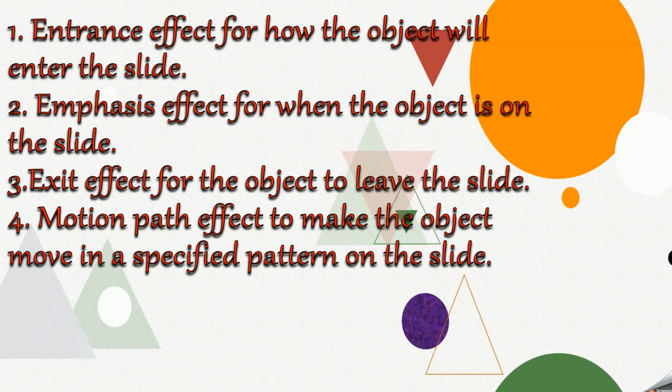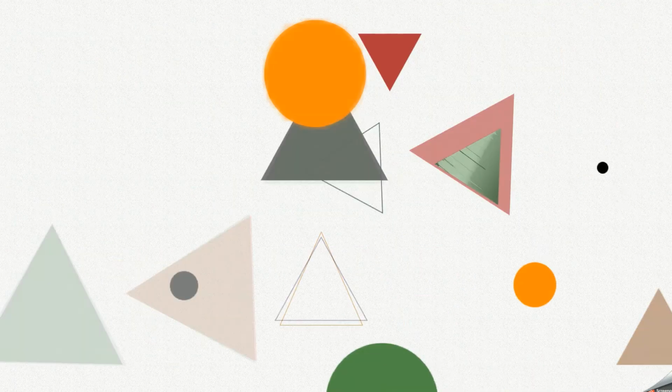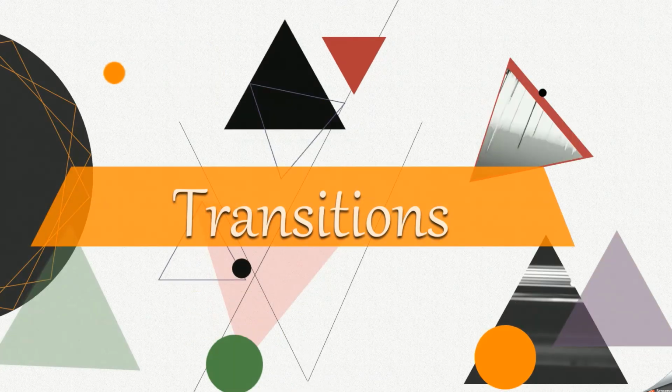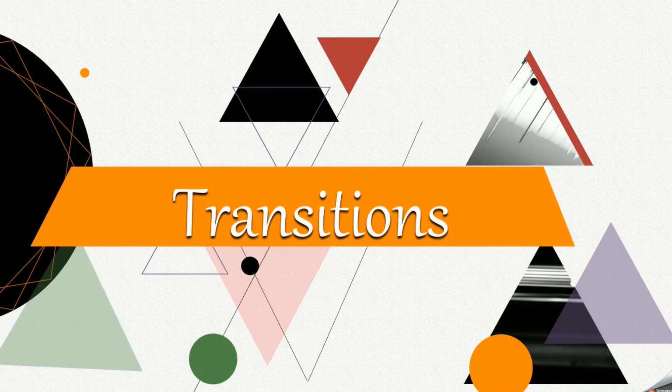Tell me, what keys can I use to move to the next slide in the presentation? I can use either the space bar or the enter key. And if I want to come out of this presentation, which key do I need to press?